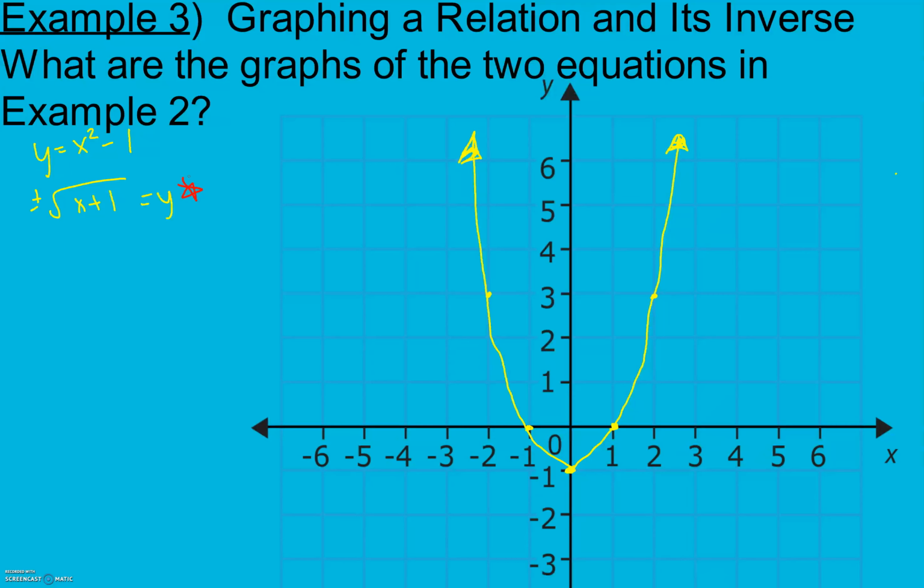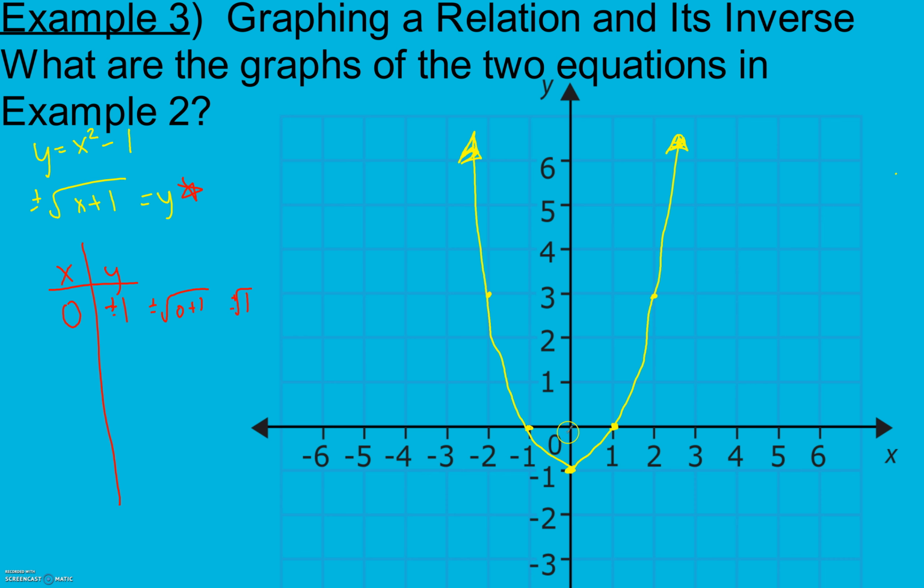So when we graph these, we're going to plug in some values, kind of a table of values here. So when x equals 0, I get 0 plus 1 inside my square root, which is 1. Square root of 1 is 1, so I get plus or minus 1. I actually have 2 points here.